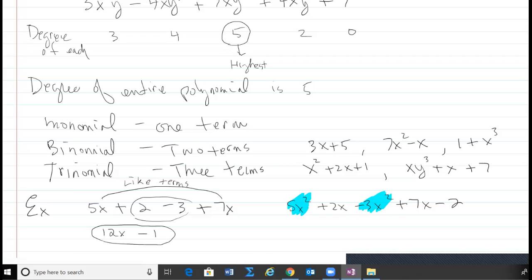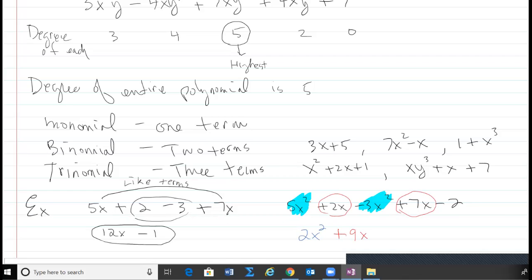Okay, so I'll put those together. That's 5 minus 3 is 2x squared. And then I might go and put these two together. That term matches that one because those have the same variable x to the first. So that makes a 9x.